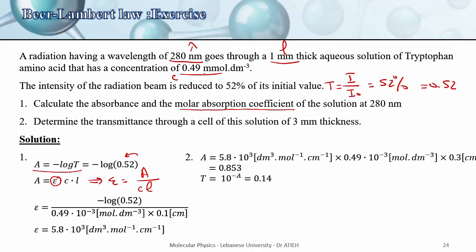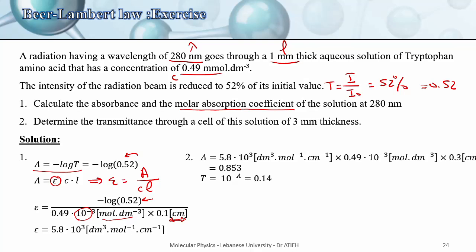C is given, I've changed it to mole per decimeter cube. I've just multiplied by 10 to the power minus 3 to change from millimole to mole. And I've changed the thickness to the usual unit, which is centimeter. It's usually used in centimeters. So it's 0.1 centimeter. This one has no unit. This one, I will keep in the same unit, but just change from millimole to mole.